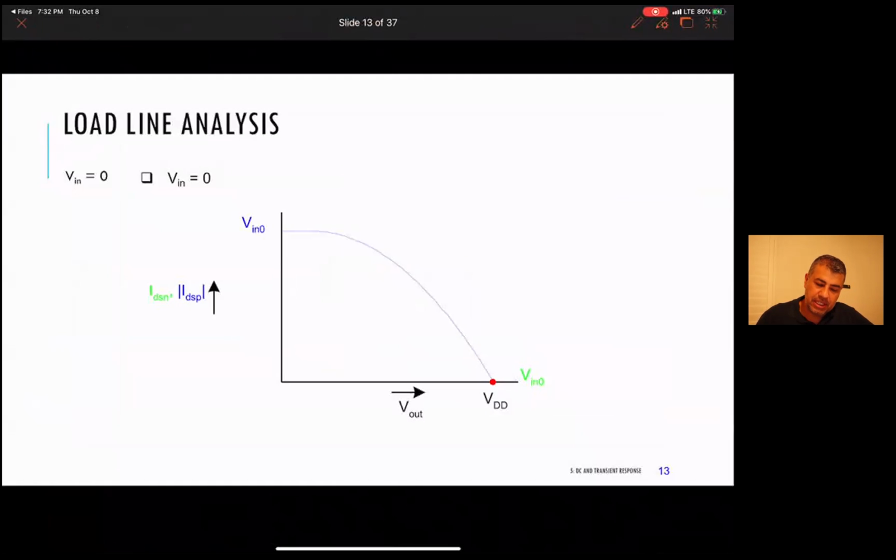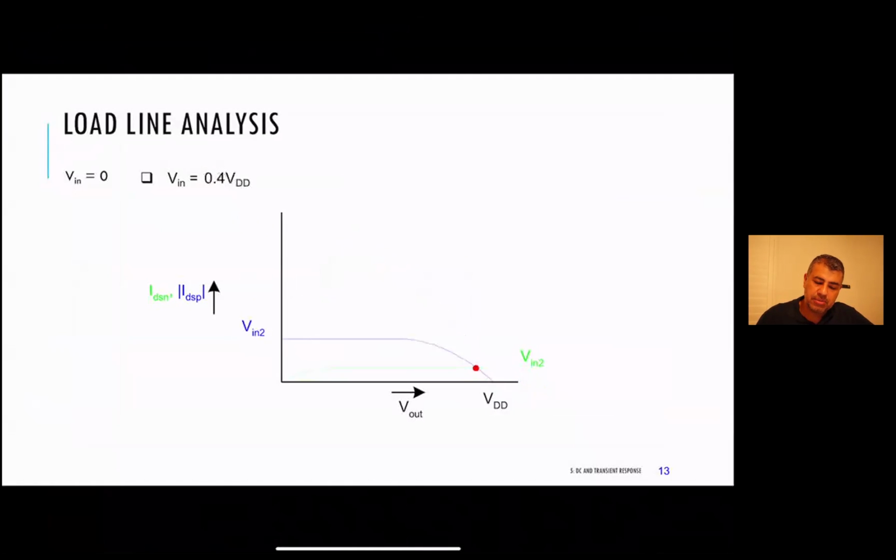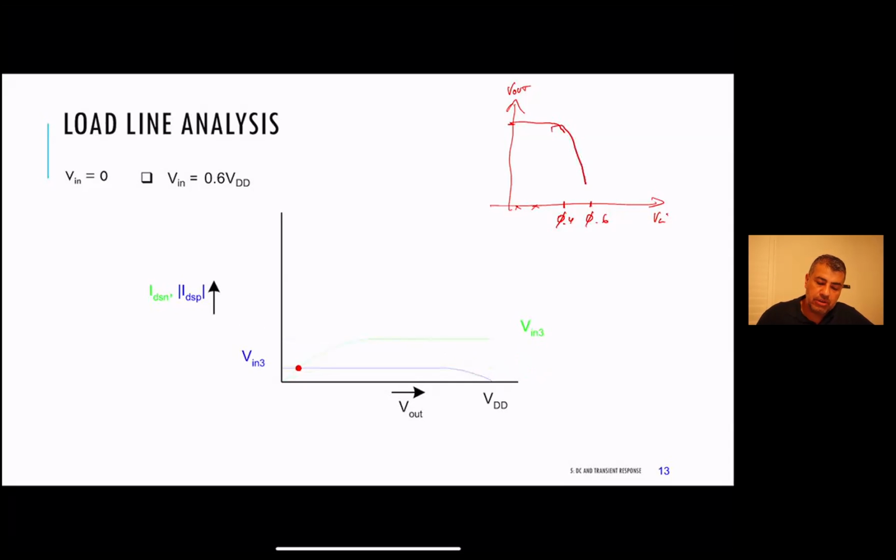Okay, let me try this again. But you guys see what the story was. The point is that if I draw V in versus V out, as V in goes forward, V out eventually starts dropping. By the time V in is at 0.6, look at where V out is.